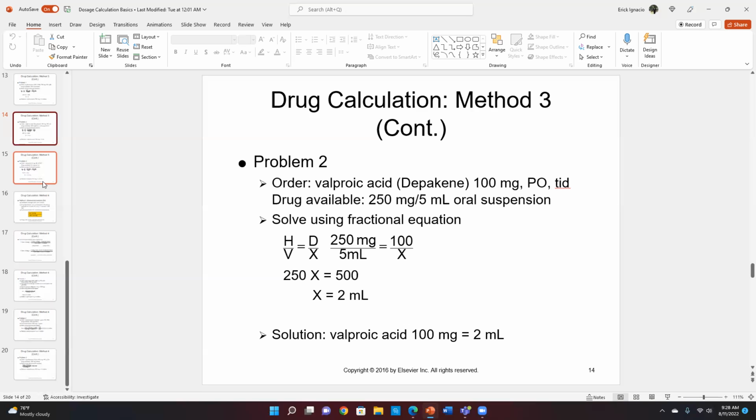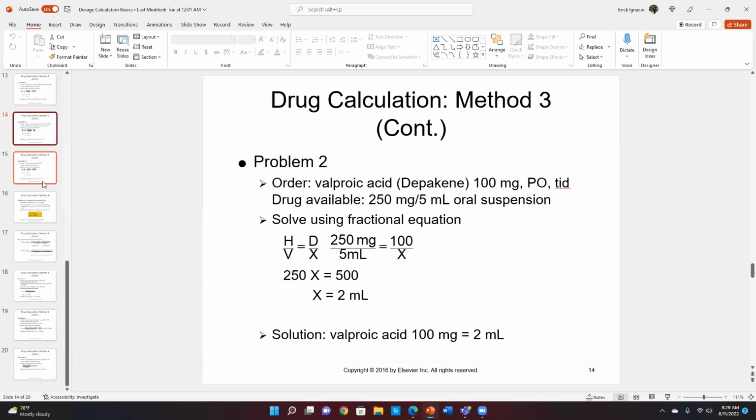So using this ratio and proportion, we know that Depakene is available in 250 milligrams over 5 mLs. We'll write that first. What's desired to give to the patient is 100 milligrams, and then we have to solve for X, and we're trying to find out how many mLs we need to administer to the patient. Once we plug all the numbers in, we cross multiply and get X by itself.